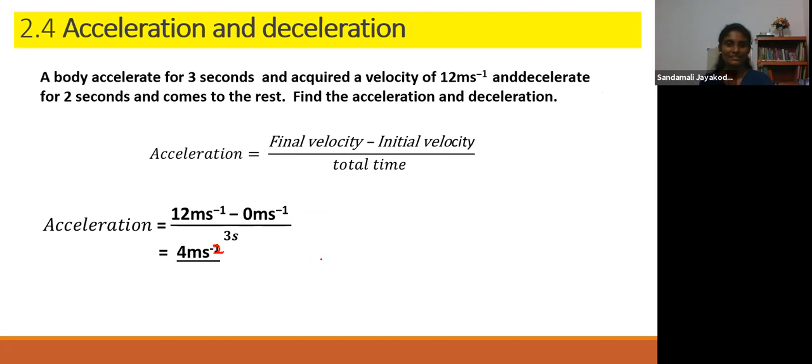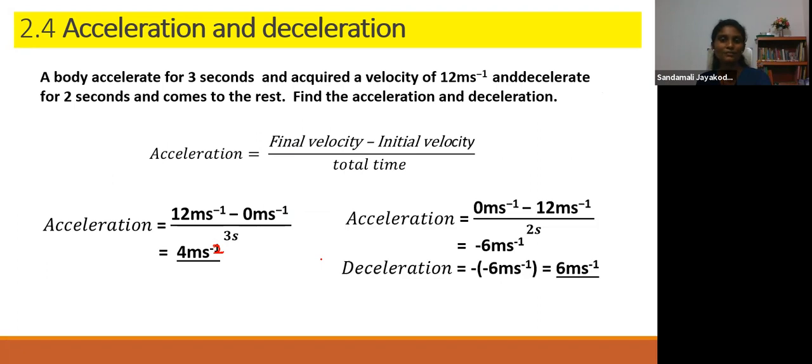Okay. Then for the rest of the motion, we have this. Acceleration equals final velocity at the end, which is 0, and initial velocity is 12. So 0 minus 12 is minus 12.